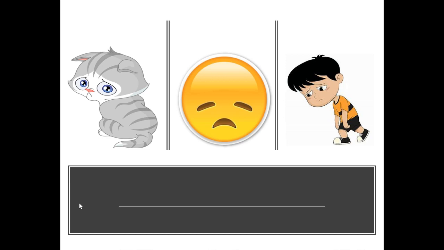And I notice in the third picture, a boy that's walking slowly and has a sad look on their face. So, how are these pictures the same or similar? They all? Well, they all show disappointed.